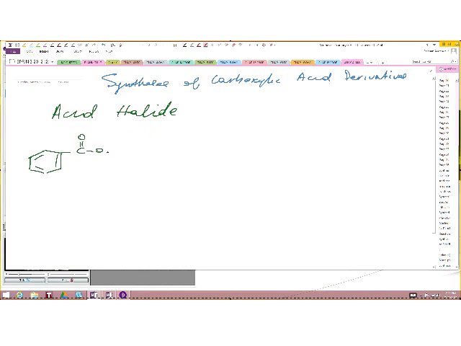This we've done before, so this should not be new. You take a carboxylic acid, and of course we take thionyl chloride, and we get this molecule, which we call benzoyl chloride.